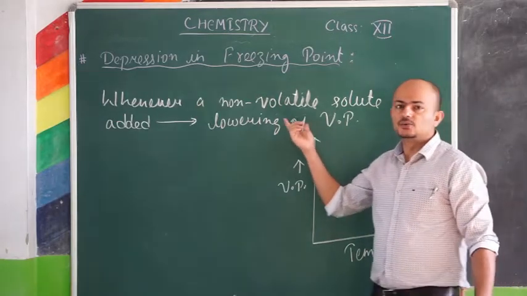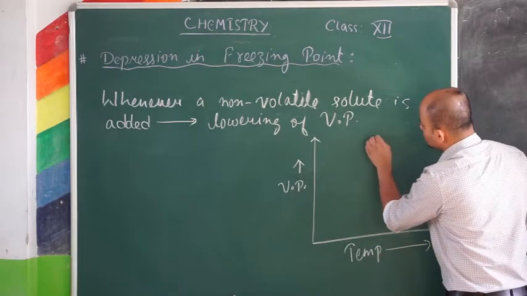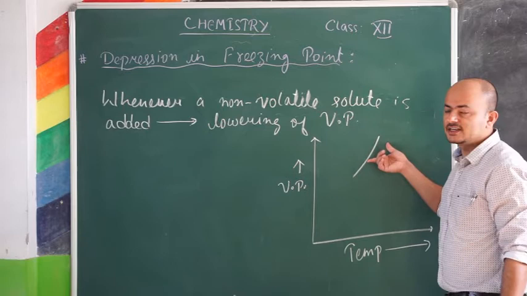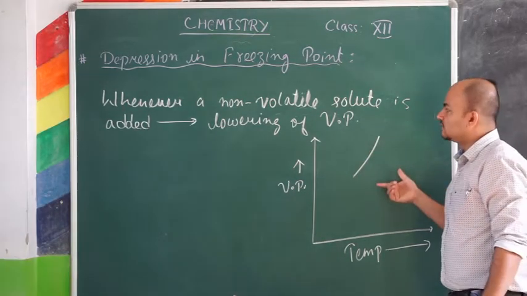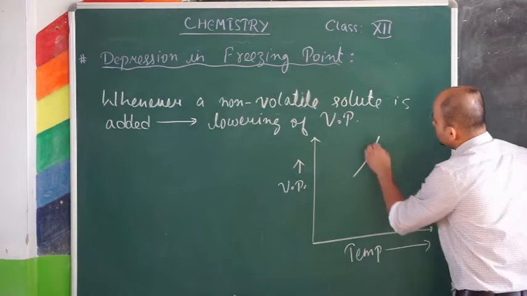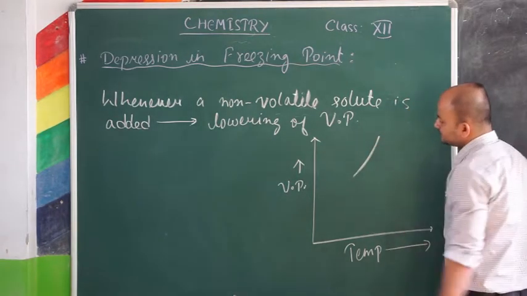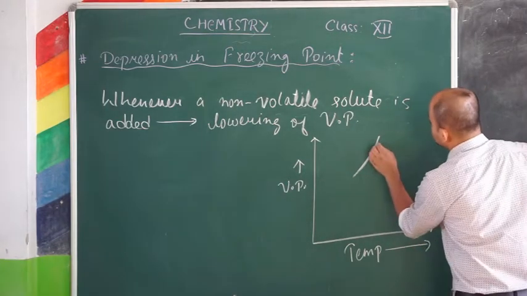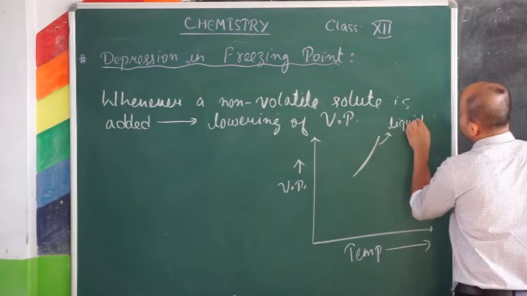So the vapor pressure-temperature curve for the pure solvent will be higher than that of the solution. Suppose this is the vapor pressure curve for the pure liquid.